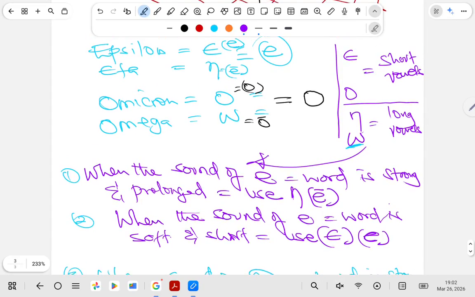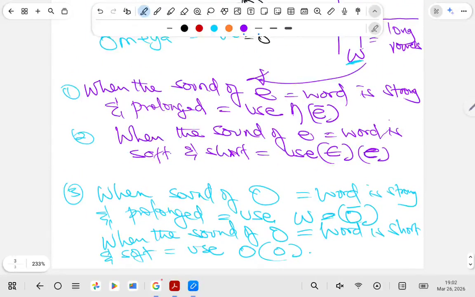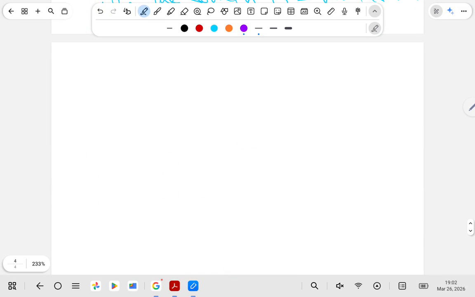I already explained the sigma. So you notice then that the Greek vowel has 7 letters.